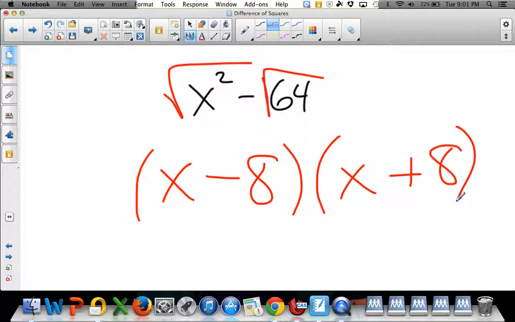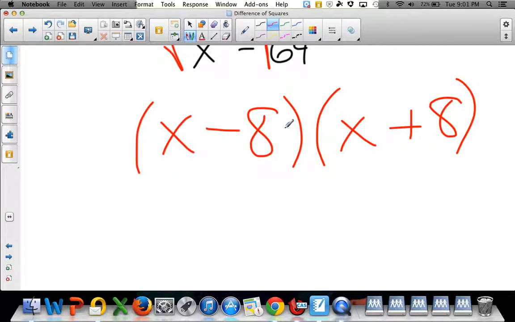There is a way to check our work. Right here we're factoring. And like I told you on Monday, the opposite of factoring is distribute. So if we were going to distribute these two binomials right here, I would FOIL, like we have learned earlier in our math career, like in Algebra 1, even in geometry.